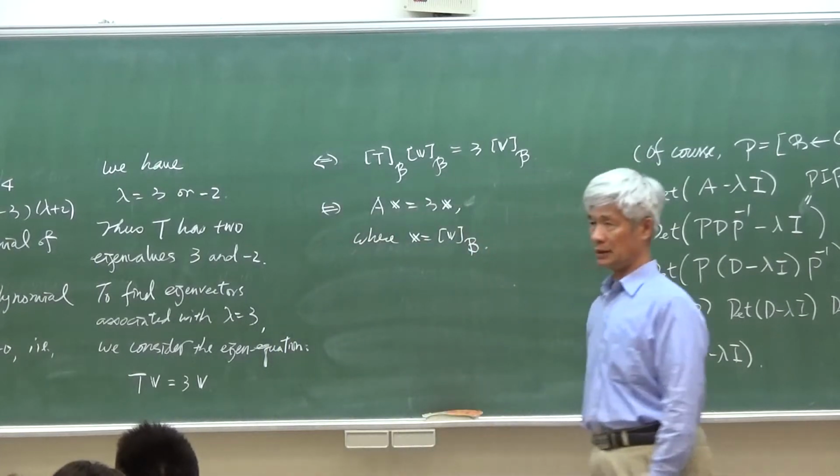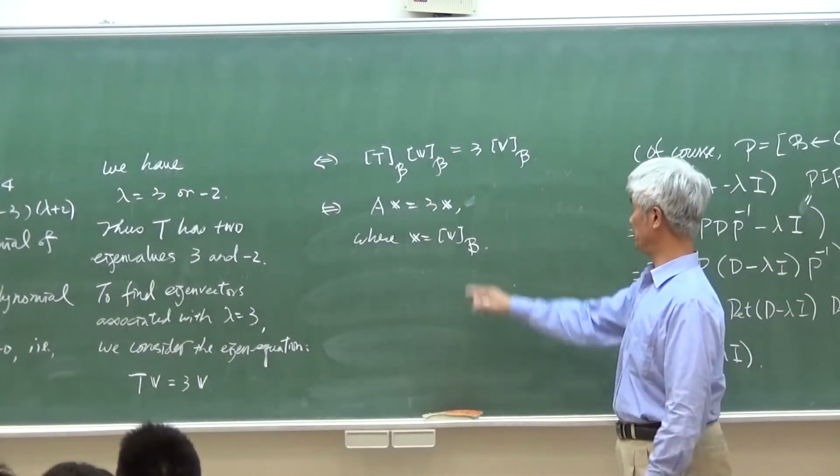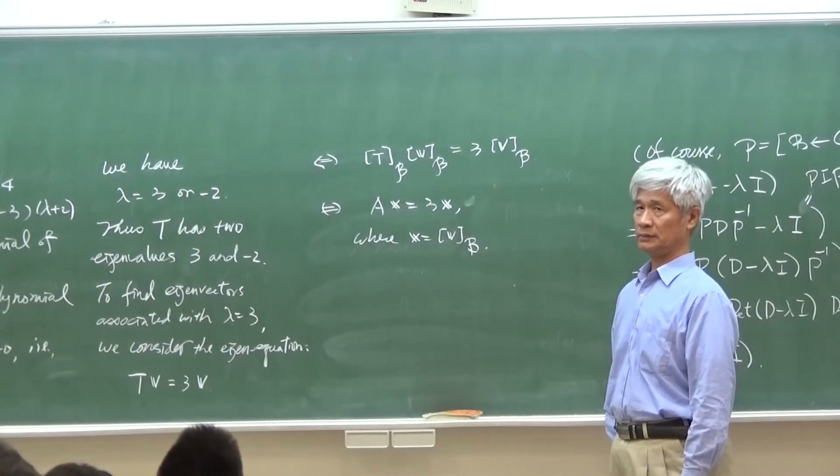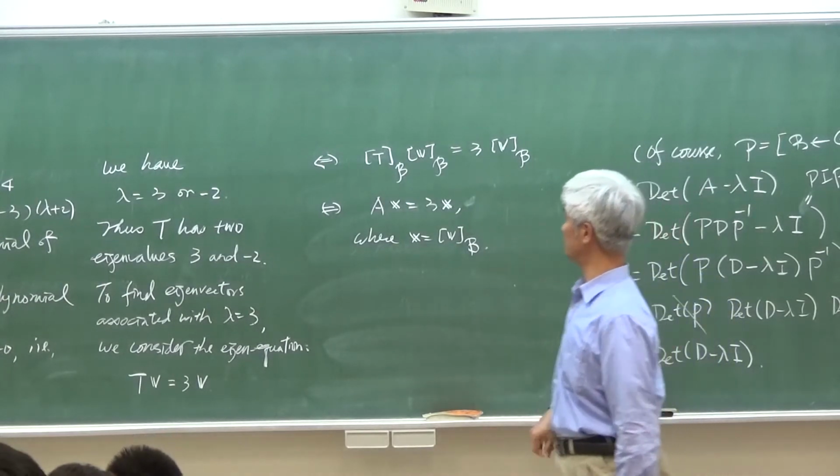Right. So x is the B coordinate vector of v. Right? So we solve that.